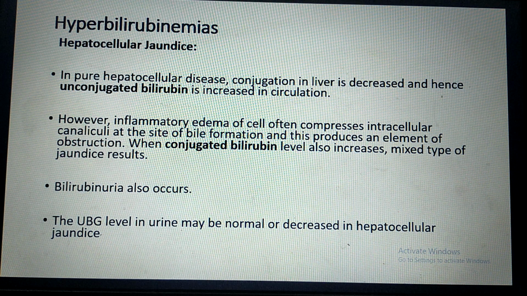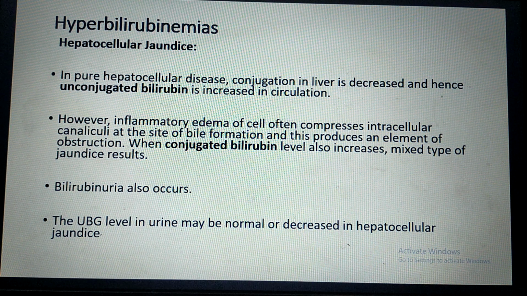But during the course of the disease, there is inflammation of the liver cells. Due to this edema or inflammation of liver cells, they compress the intracellular canaliculi which drain the bile from liver to biliary tree.